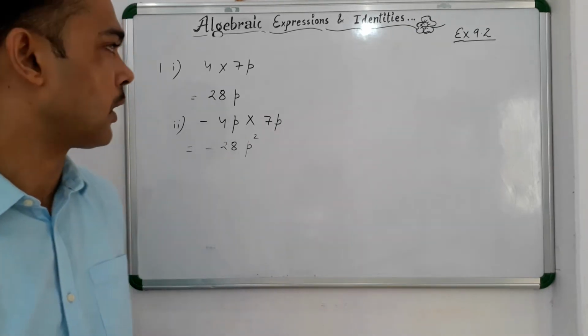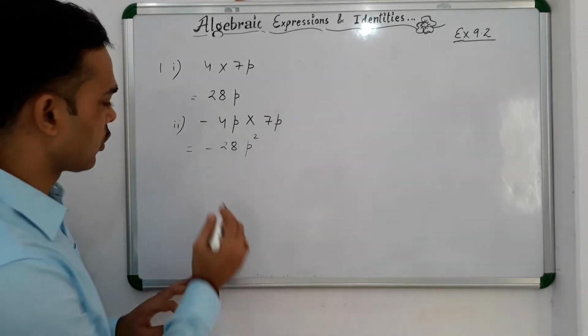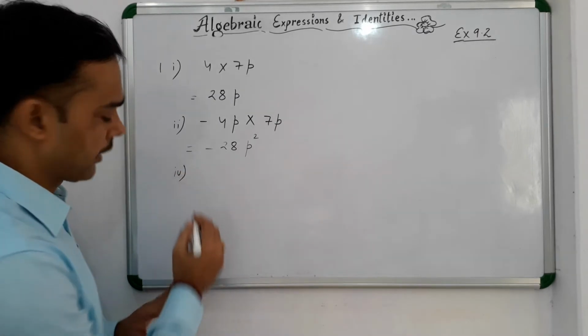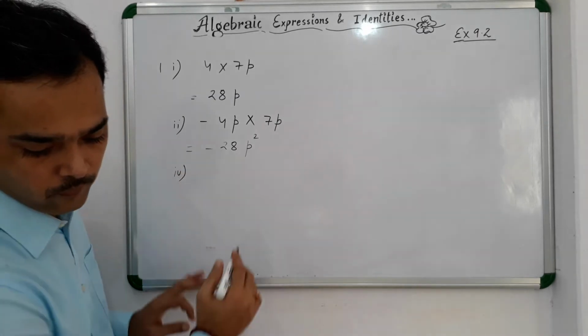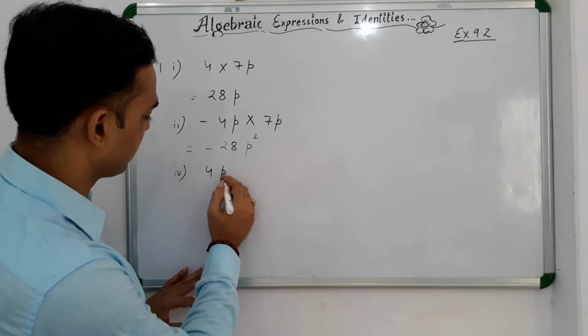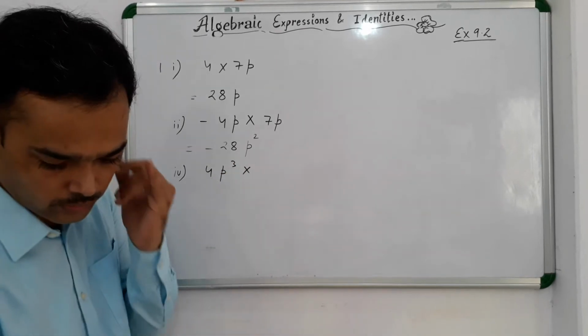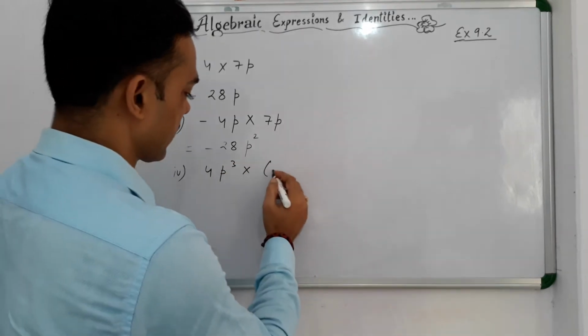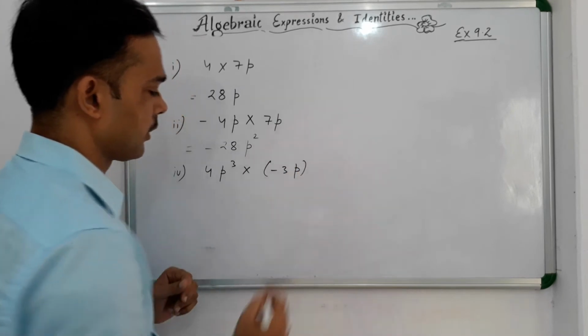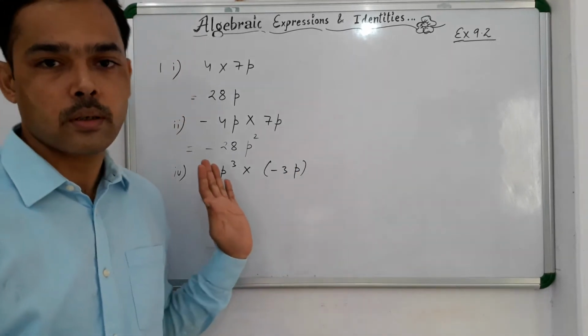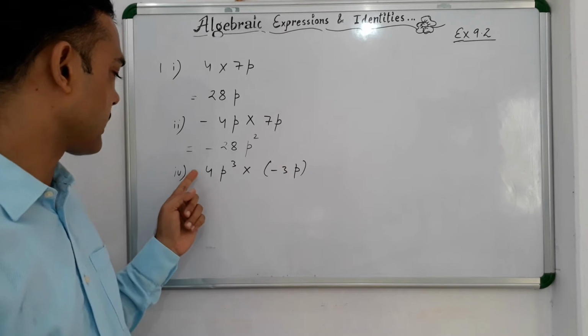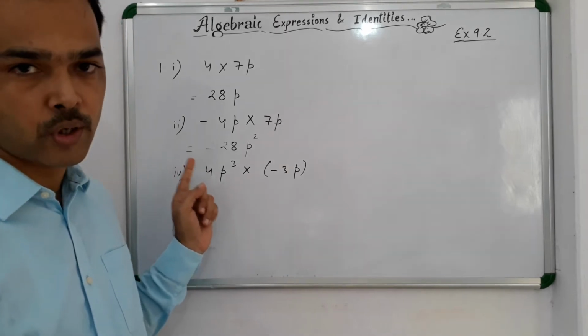After second part, now let us move on to the fourth part. In fourth part, it is 4p cube q into minus 3p. Now once again you will be multiplying the sign by sign. There is no sign, it means it is positive.